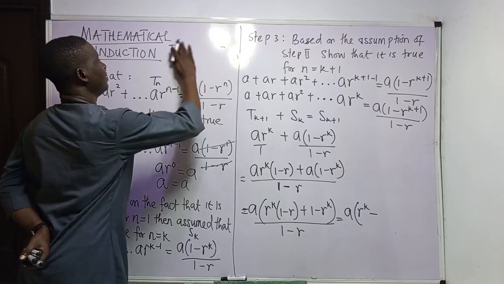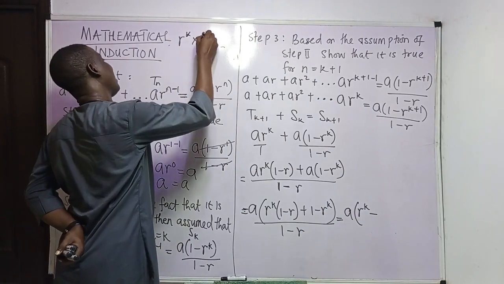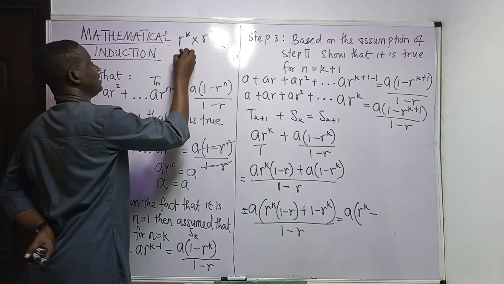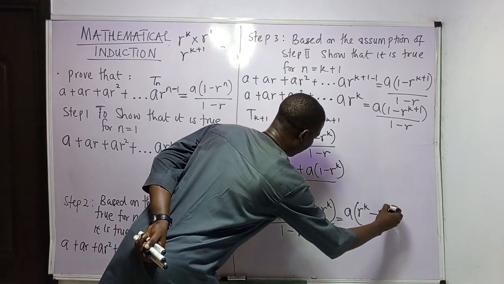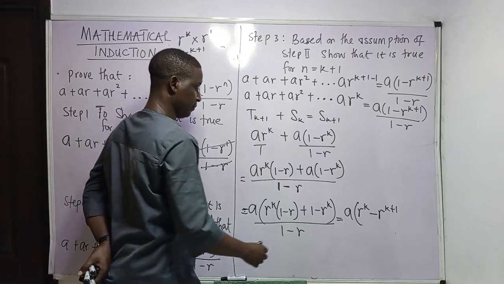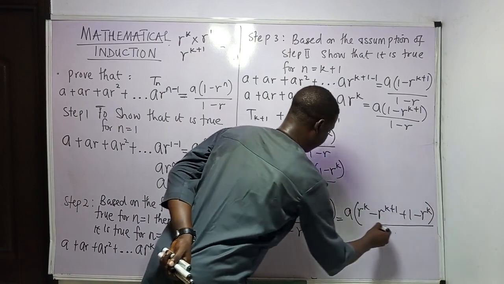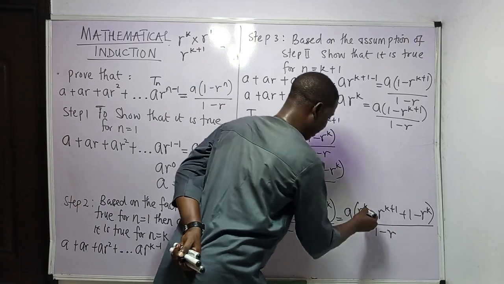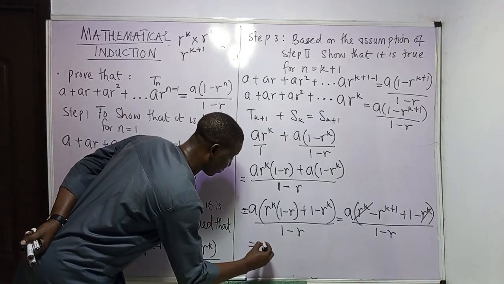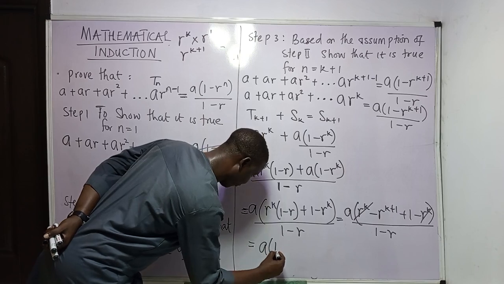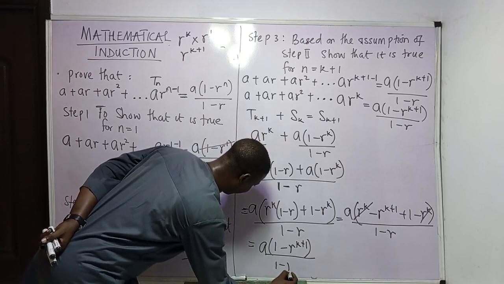What about r^k times r^1? In indices, take one base, then add up the powers. So we have minus r^(k+1), then plus 1 minus r^k, close bracket, over 1 minus r. This will cancel this. So what we are left with is the final answer: a into bracket 1 minus r^(k+1), all divided by 1 minus r.